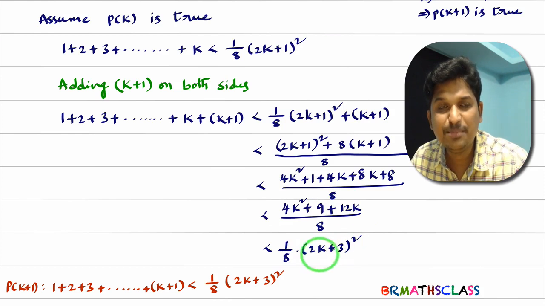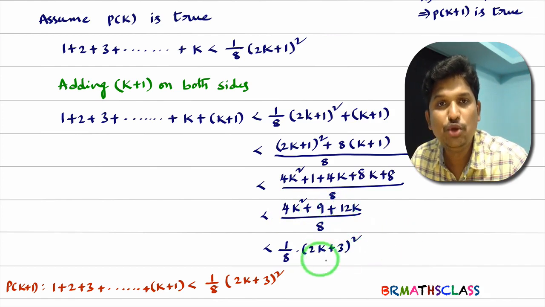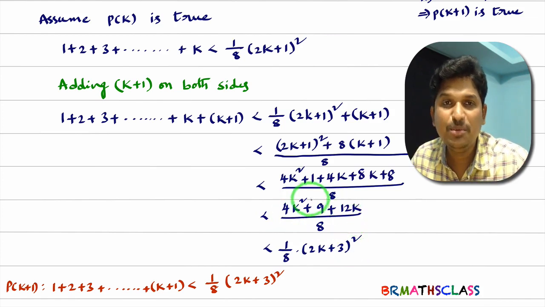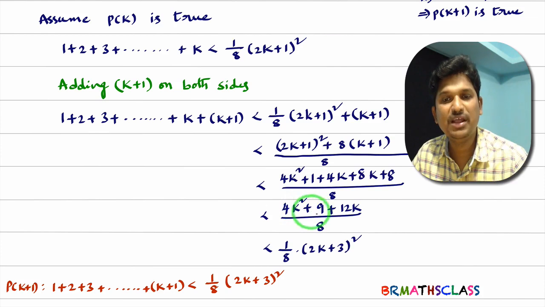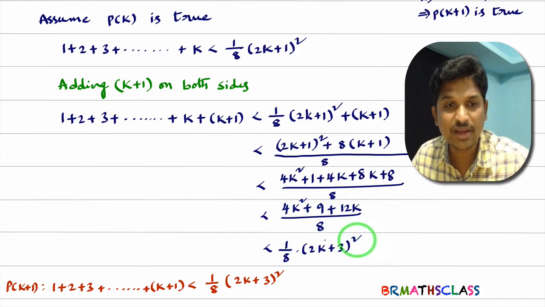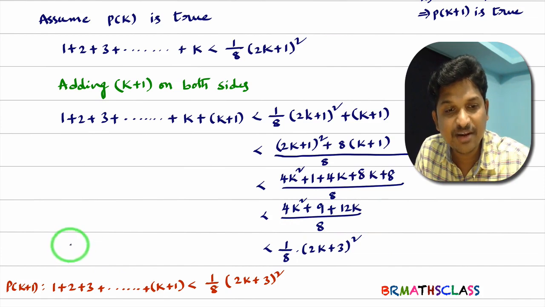Expand (a plus b) whole square: (2k) square is 4k square, plus 3 square is 9, plus 2ab, that means 2 into 2k into 3, that is 12k. So 4k square plus 9 plus 12k is nothing but (2k plus 3) whole square. Now I'll write the left hand side part also.